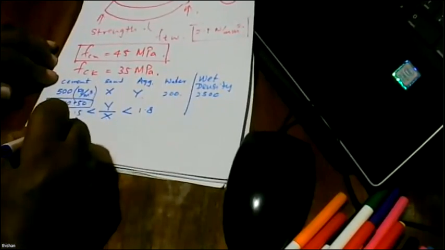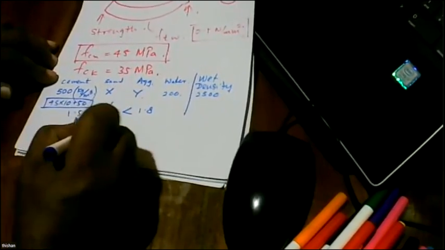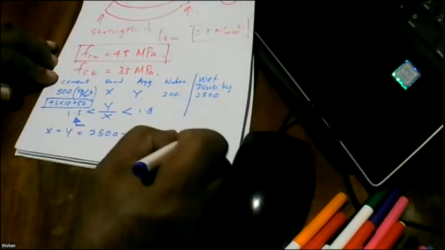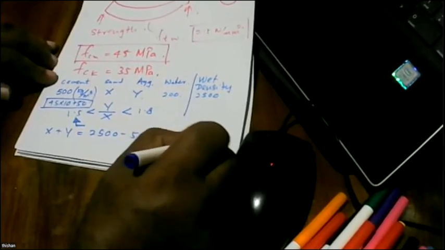you can say X plus Y is equal to 2500 minus 500 minus 200. That is 1800.